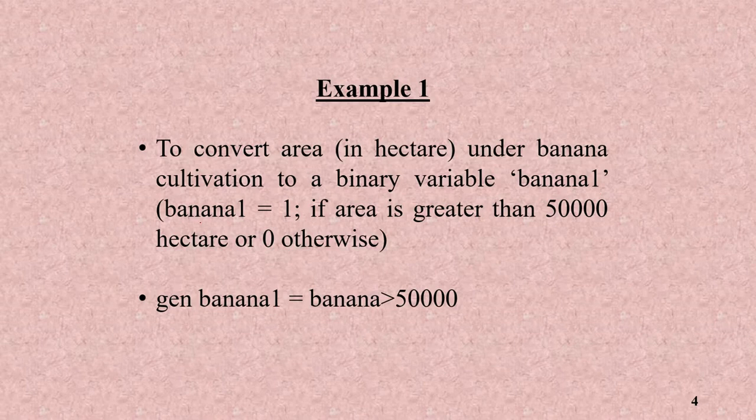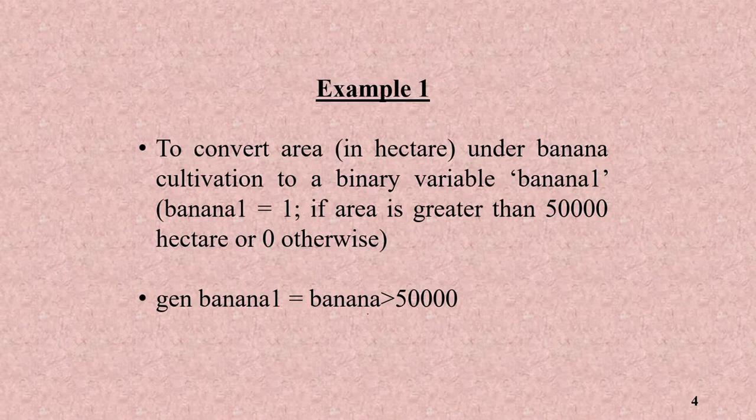Now, this new variable banana1 will take 1 if area under banana cultivation is greater than 50,000 hectare, or if it is less than 50,000 hectare, then banana1 will take 0. For this purpose, we need to type first gen, then space, then the name of the new variable banana1, then space, equal sign, space.